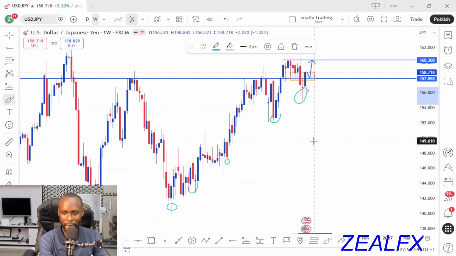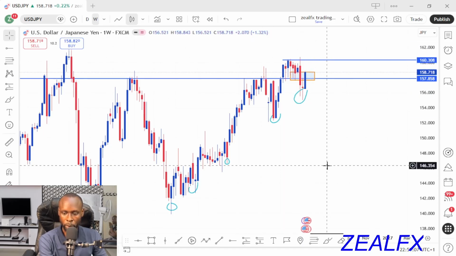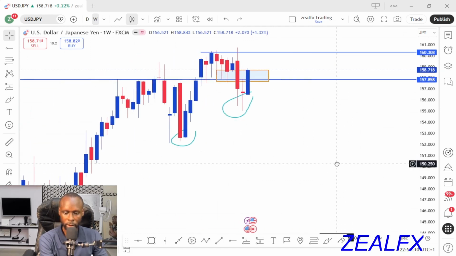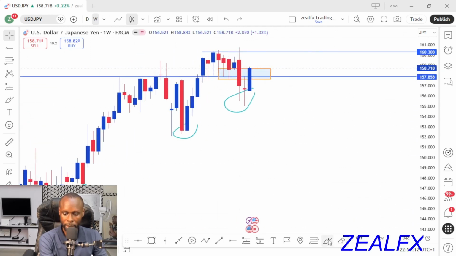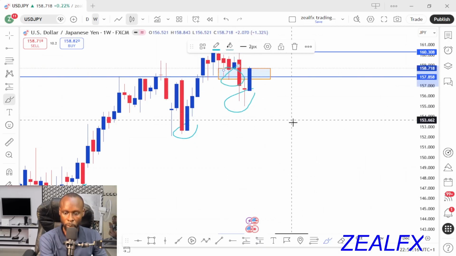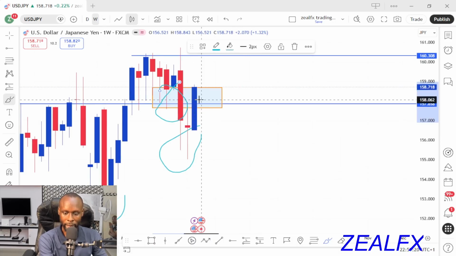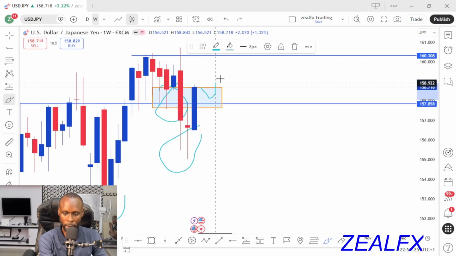So long as the price is creating a series of higher lows on USDJPY, and we have price close on this support zone, which is price converting this resistance to support, which is a good sign for more buys for the USDJPY. So we expect price to retest this zone, then we can start looking for more buys.